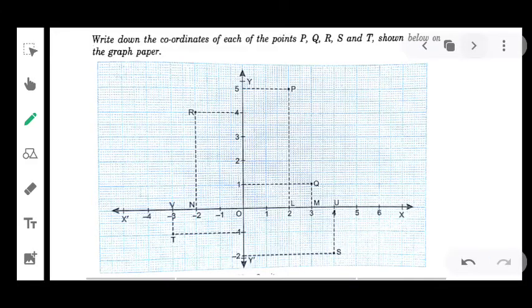Okay, so this is the example. Write down the coordinates of each of the points P, Q, R, S and T shown below on the graph. So this is the point P. The coordinate of this point will be, draw a perpendicular line to the x-axis.